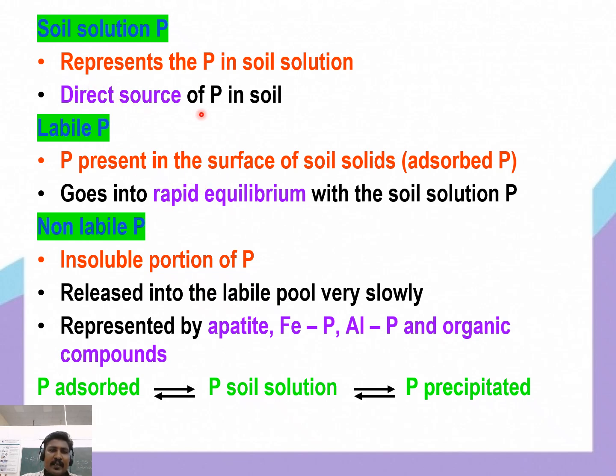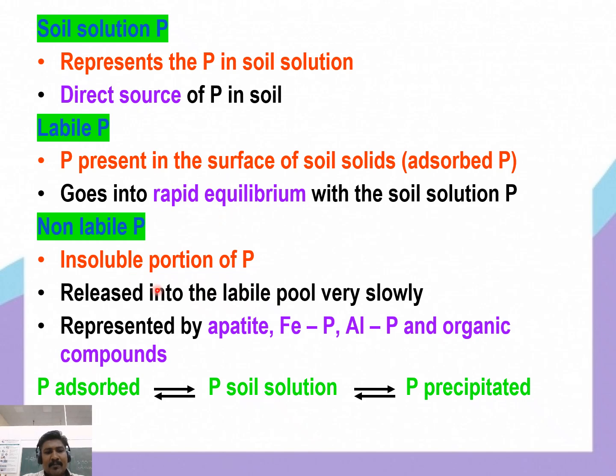Once any soil solution shortage takes place, it is immediately refilled by the phosphorus present in the labile pool. So an equal amount of phosphorus is maintained in both soil solution phosphorus and labile phosphorus. That is called equilibrium. That filling up process takes place rapidly. That is rapid equilibrium.